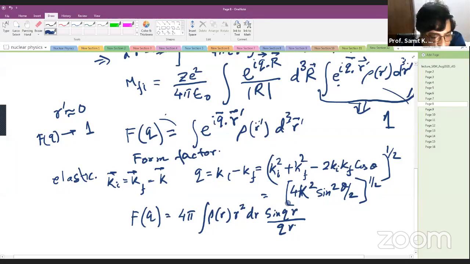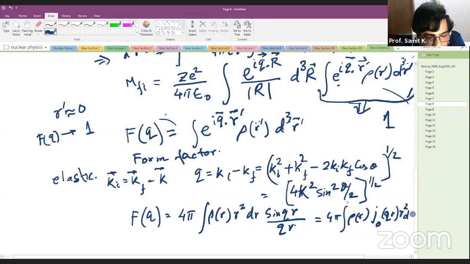Or you can use equal to 4 pi integral of rho(r) times the Bessel function j_0(qr) r squared dr. You can do it easily with a few steps of mathematics, so I am not doing it. You can write it in this fashion also.